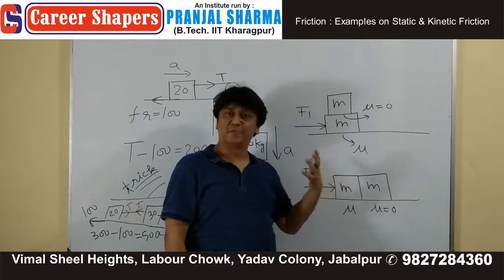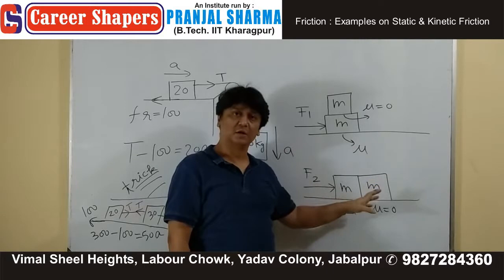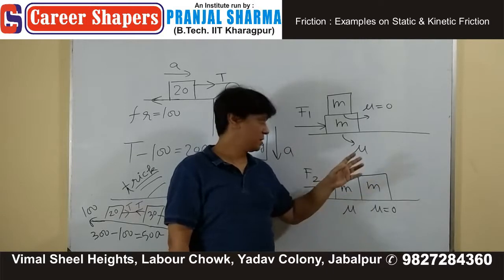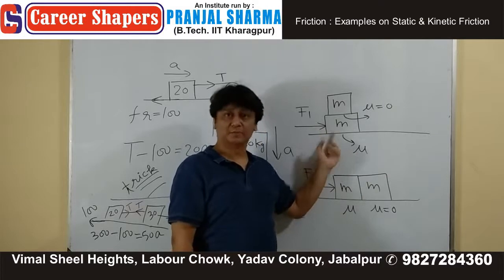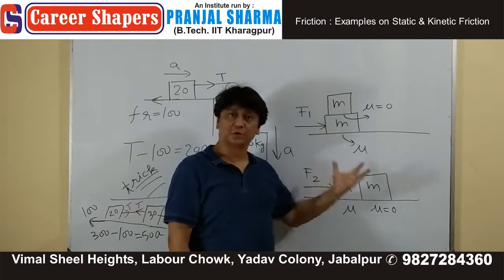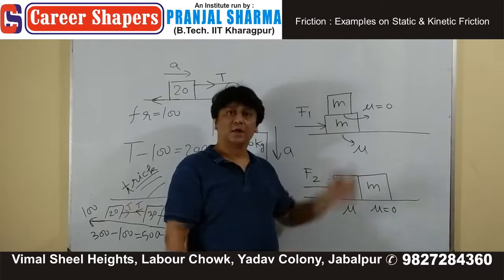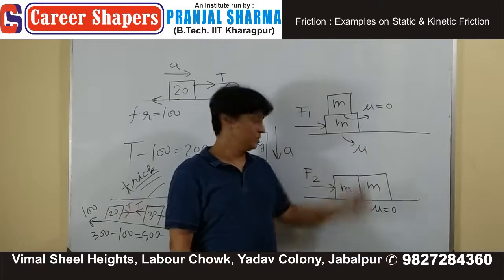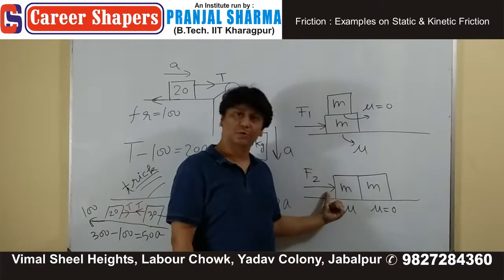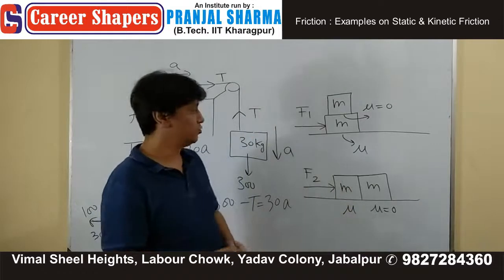You need to find minimum force, minimum value of F1, so that these two systems can move. You need to find minimum of F1 so that it can move. You need to find minimum of F2 so that this system can also move.